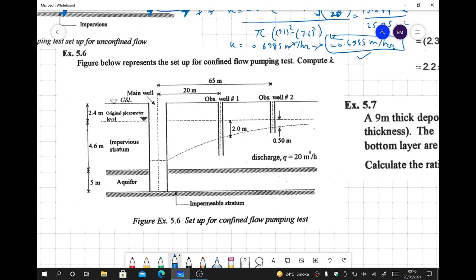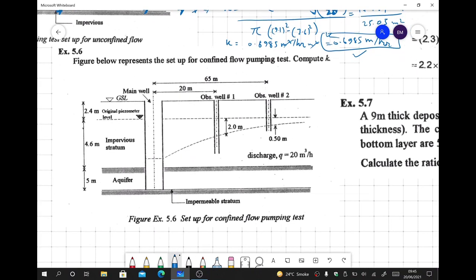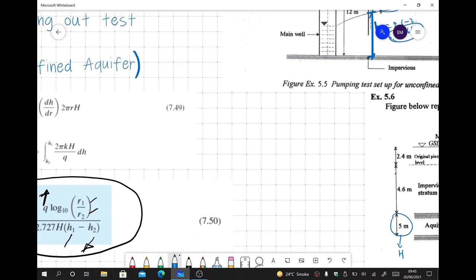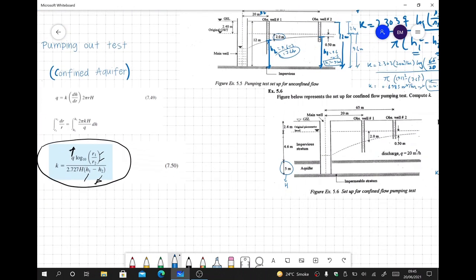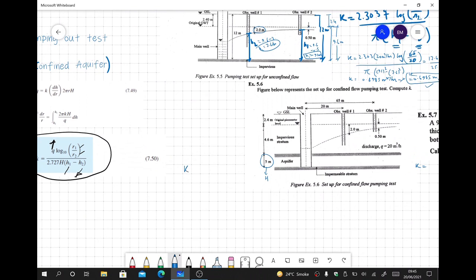Now we move to the second example. So it says this is for a confined aquifer. So this thickness of the confined aquifer is 5 meters, this is H. So I'll write the formula first. I'll go back and look at the formula. K is equal to Q log of R1 over R2 over 2.727 capital H, H1 minus H2.